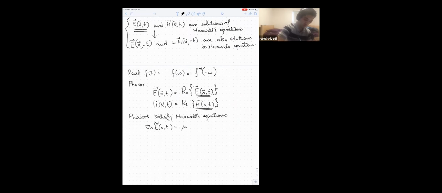Right, so you have del cross E tilde of x comma t is equal to minus mu naught del by del t h tilde of x comma t, and del cross h tilde of x comma t is equal to epsilon naught epsilon x. Okay, so they also satisfy Maxwell's equations, right? There's no problem here. So they also will satisfy time reversal symmetry, right? Which implies that phasor solutions also satisfy time reversal symmetry.